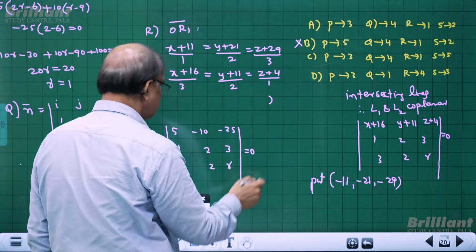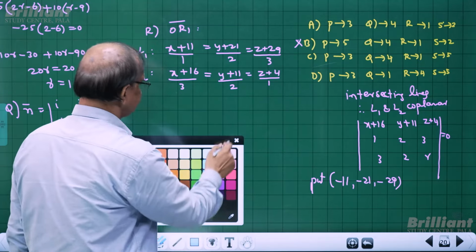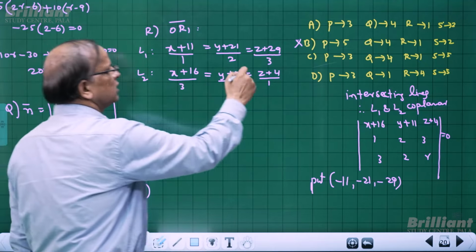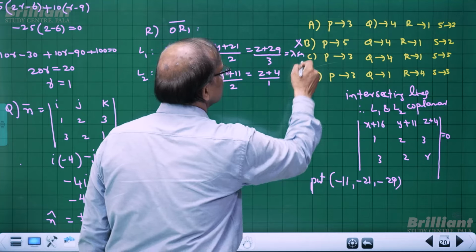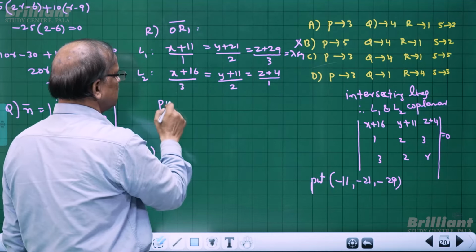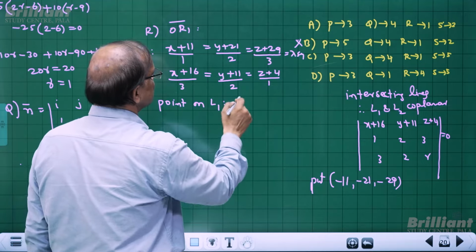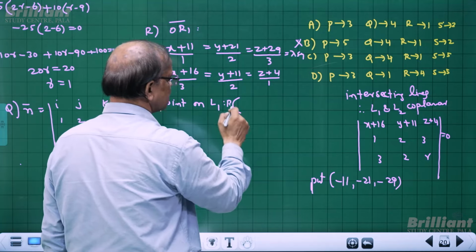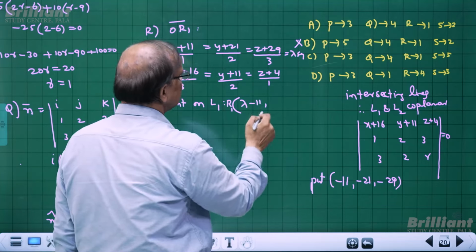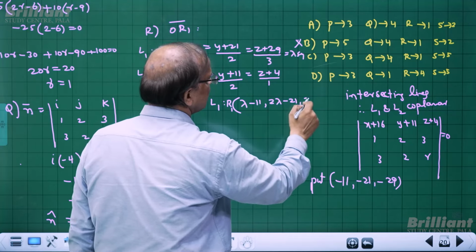Now, we will find the intersection point. Take lambda here. The point on L1, which is R1 actually, is lambda minus 11, 2 lambda minus 21 and 3 lambda minus 29.